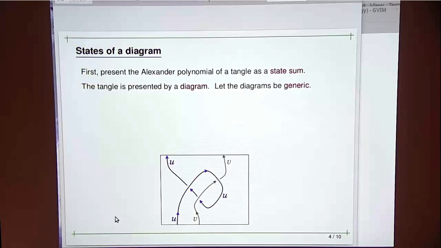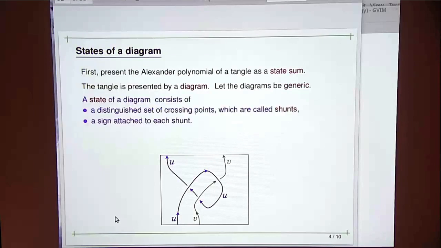Now, what is the state of a diagram? It consists of two parts. First, a distinguished set of crossing points. I'm not sure that I want to preserve this strange name, but I just wanted to say that there are some terms there.